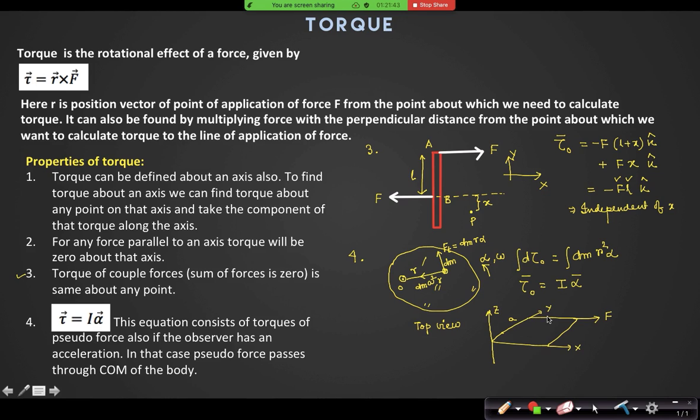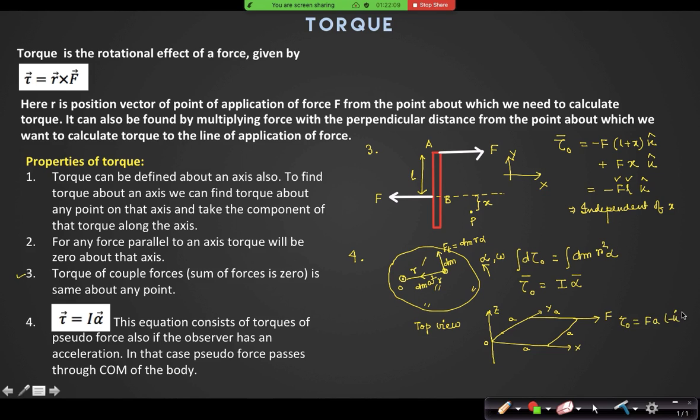If all the sides are A, can you tell me what is the torque of this force F about this point O or about the z-axis? It's F into A along negative z-axis. So torque about O is F into A along negative z-axis.